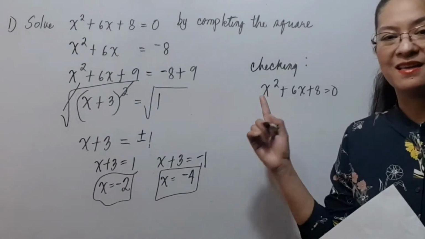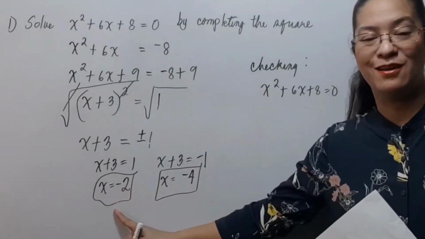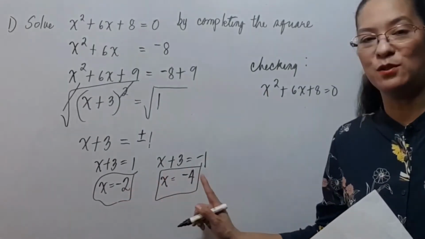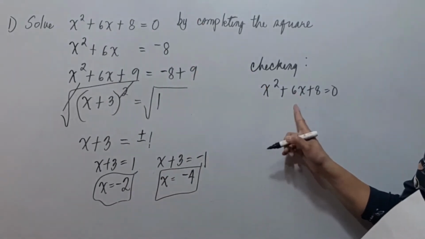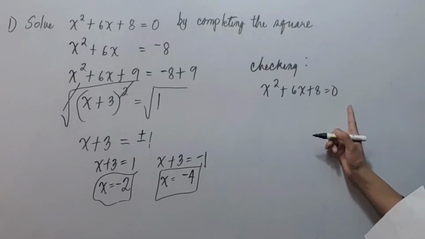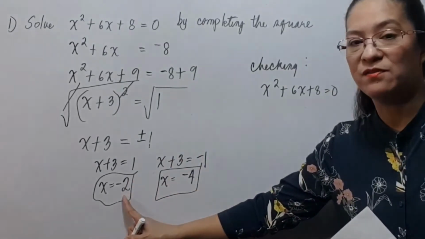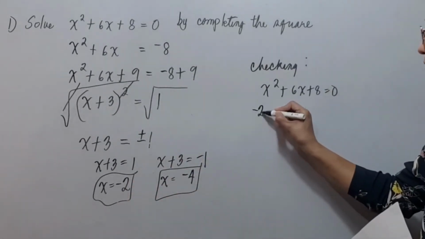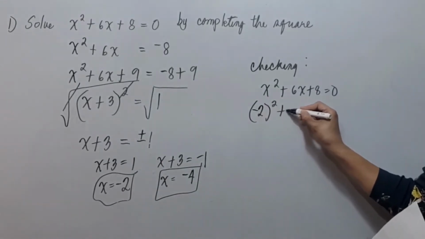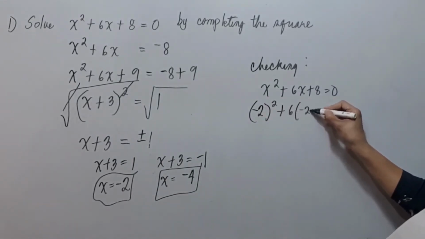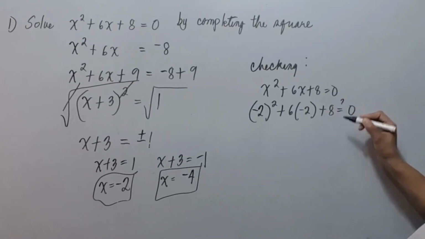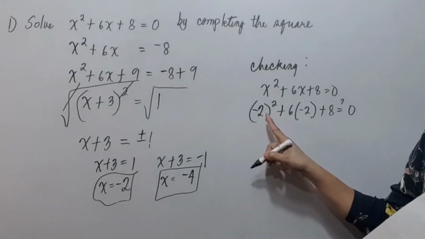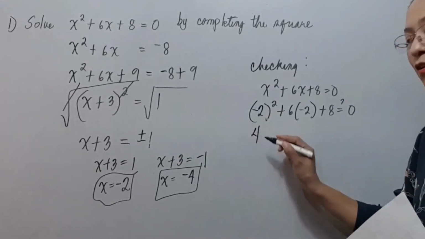Okay, so let us check our answers, yung solutions natin. Negative 2 tsaka negative 4. From the original, x squared plus 6x plus 8 equals 0. Let's substitute negative 2. So negative 2 squared plus 6 times negative 2 plus 8. Is it equal to 0? Negative 2 squared is positive 4.